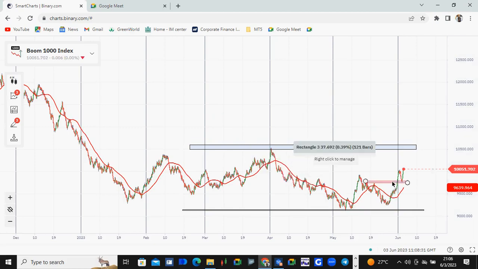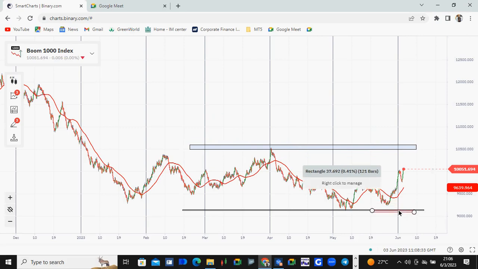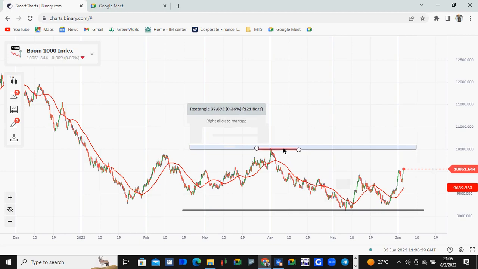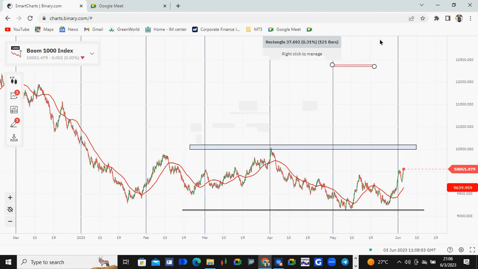So buyers want to recover from this point. Remember, buyers were at this level. The sellers took the market as far as here. So buyers want to take back this price from where it came, here on resistance, so that they can go where they want to go as far as there.